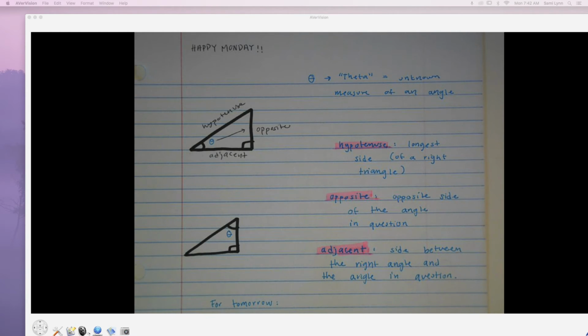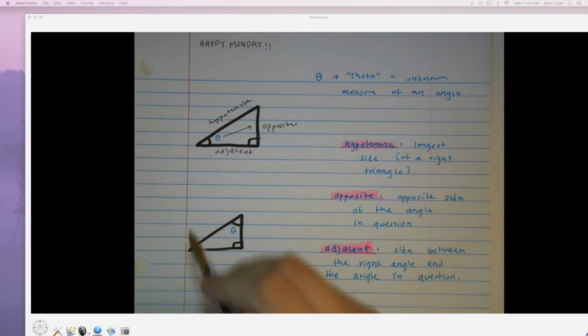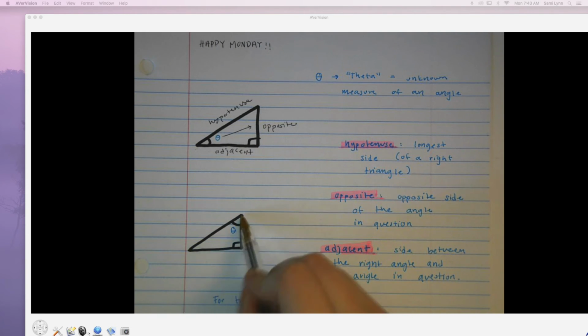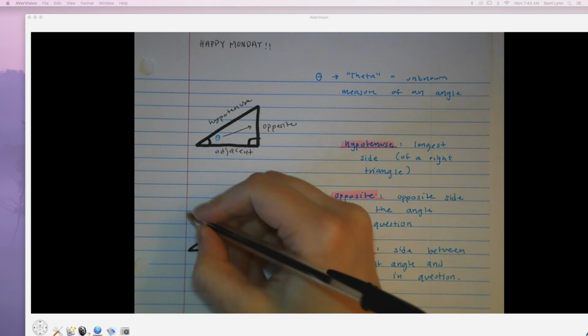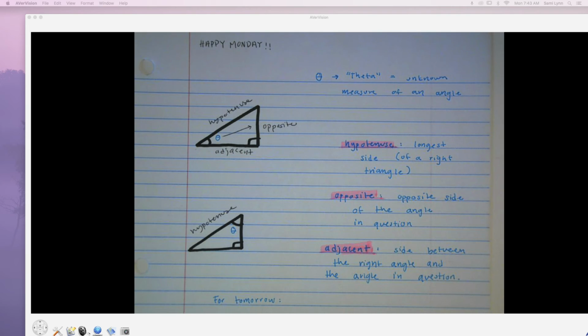So if you've already got it, you can kind of skip the rest of this video, but we're going to go over another one. Same right triangle. What if I want to find the other angle, or this is my angle in question? Well, we can do the same thing. Let's define our hypotenuse first. I know that's the longest side of my triangle, which would be here.